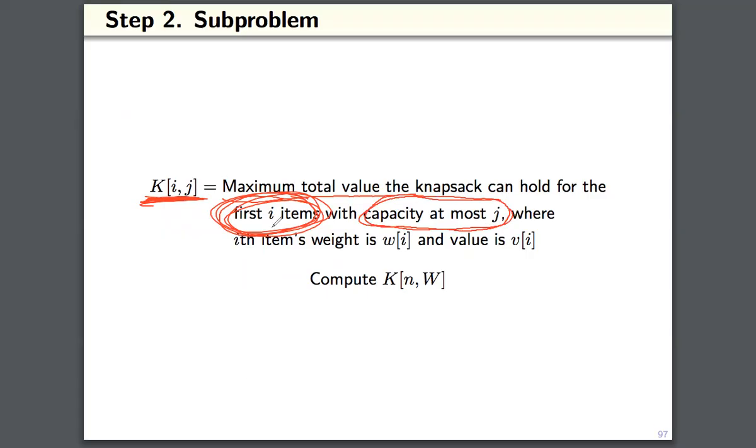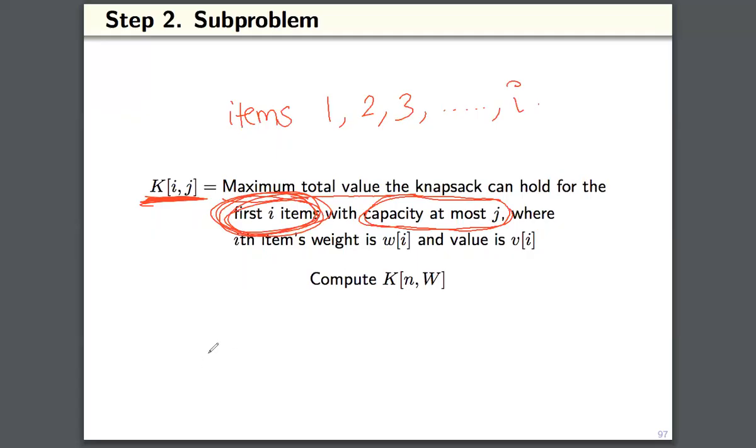For the first i items, you are considering items 1, 2, 3, and so on up till i, and capacity at most j.